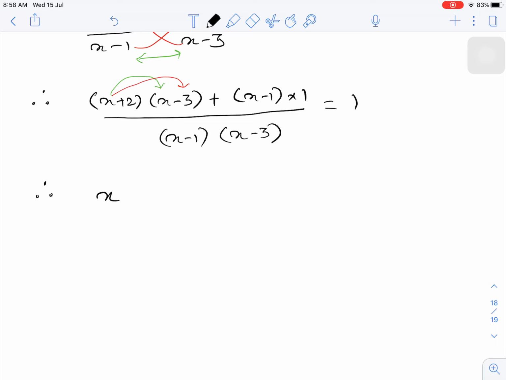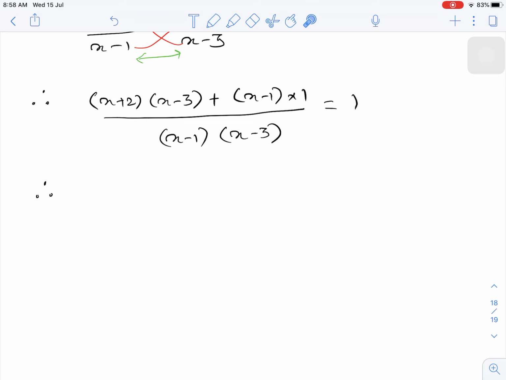If you want you can write in a simple way also, but I think this one is good. Then x into minus 3 will give you minus 3x. Wait, let me write it in a simple way first.